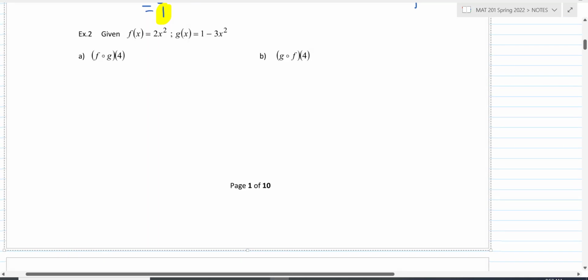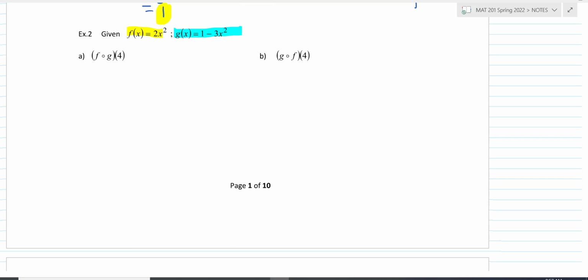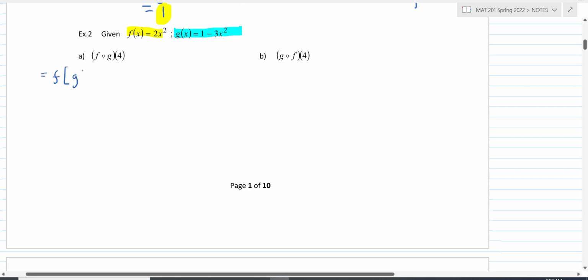Okay, so now what we're going to do is work with specific functions and not a table. I'm giving you two functions. f of x is equal to 2x squared and g of x equals 1 minus 3x squared. To start this off, you do f of g of 4. Then we just need to do g of 4, and I'm going to do that on the side of my paper.